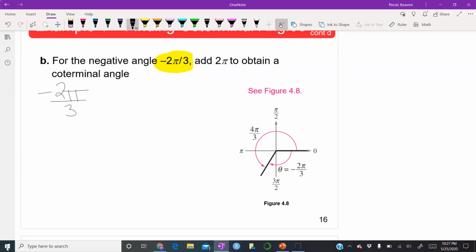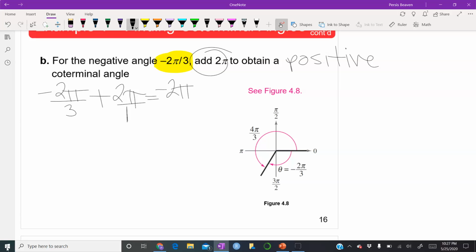Sometimes your homework, exams or quizzes will ask you for a coterminal angle, and it might get more specific and say a positive coterminal angle. When that happens, you can be certain that you will be adding 2 pi if you have a negative angle and you want a positive coterminal angle.